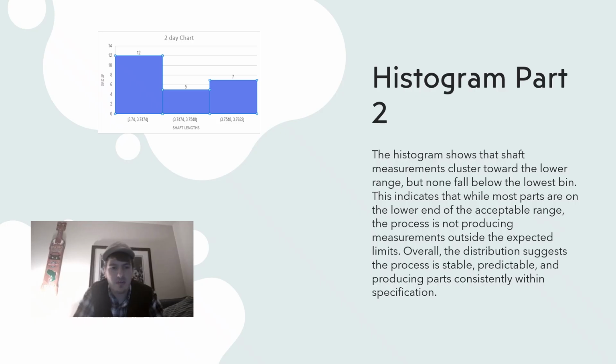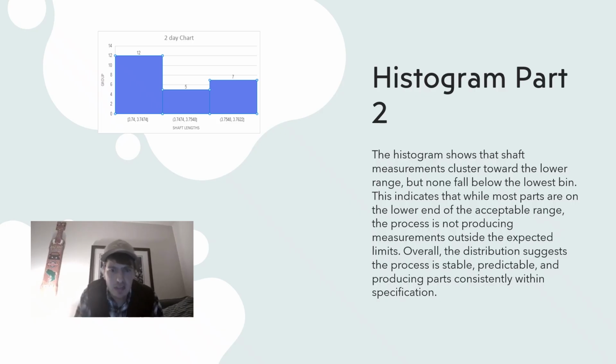So for our histogram for part 2, we see the histogram shows that shaft measurements cluster towards the lower range, but none fall below the lowest bin. So we see our lowest bin is at 5, and then our highest is 12, and then we have 7. Only 3 columns.